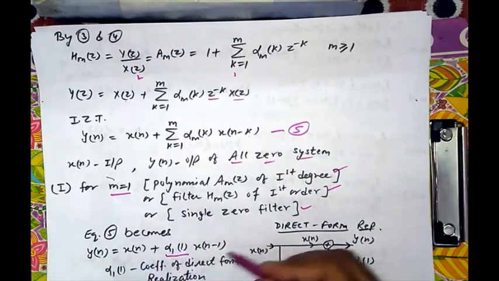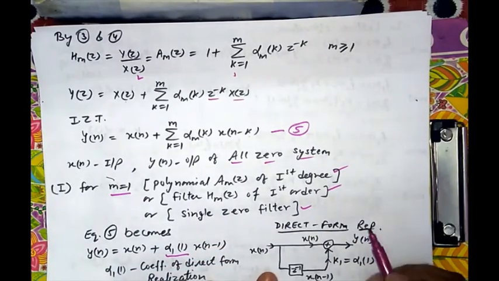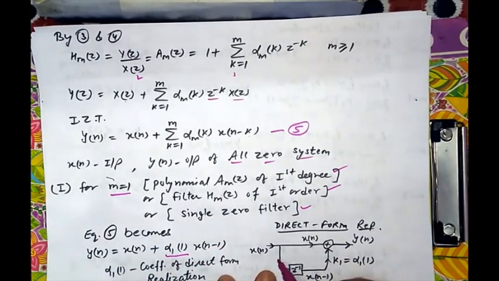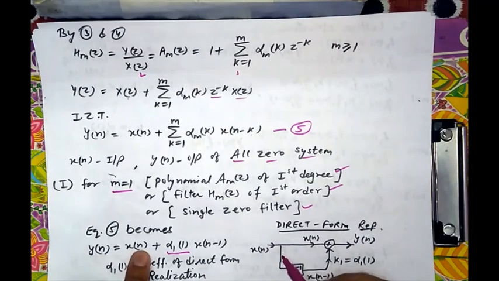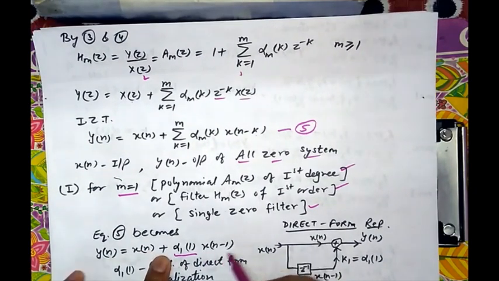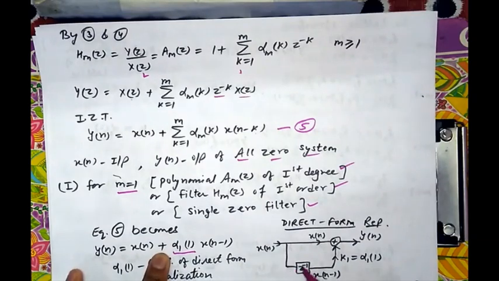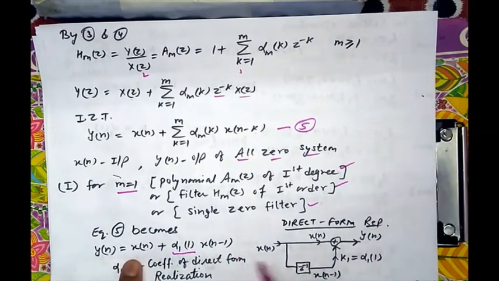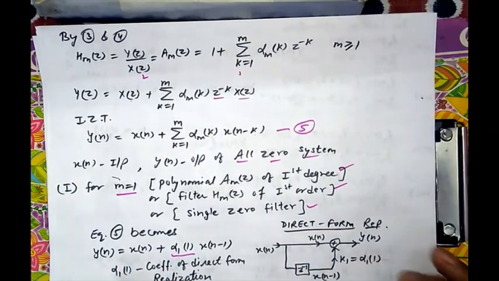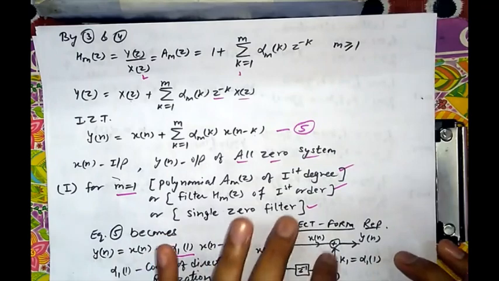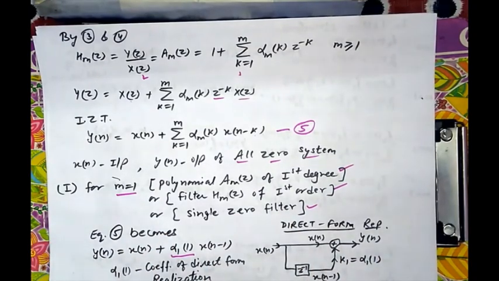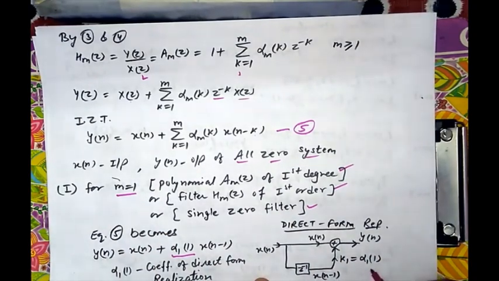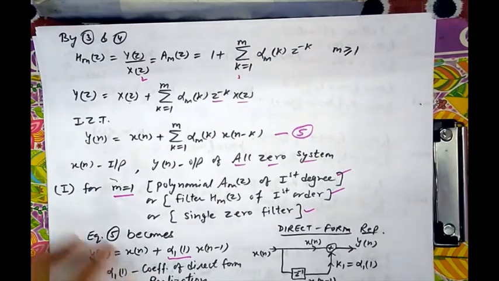We can realize this equation, as we studied in detail previously in the direct form structure. x(n) is added with its delayed version, delayed by z inverse, that is a single delay, multiplied with alpha(1,1) and added together forming y(n). This equation in direct form is simply realized by this structure. Alpha 1 is the filter coefficient, remember it always.